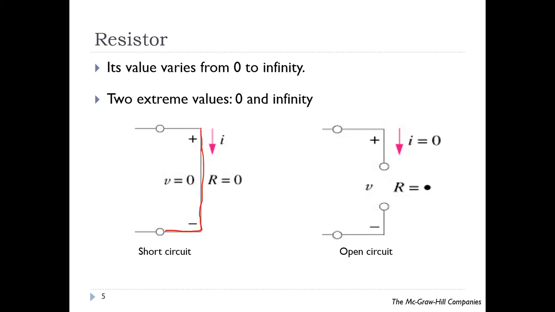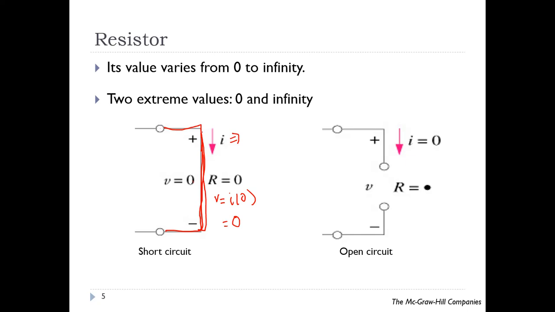When R equals 0, whatever the value of the current, using Ohm's law, V equals I times 0, so V will be equal to 0. Bear in mind this is the case of short circuit.